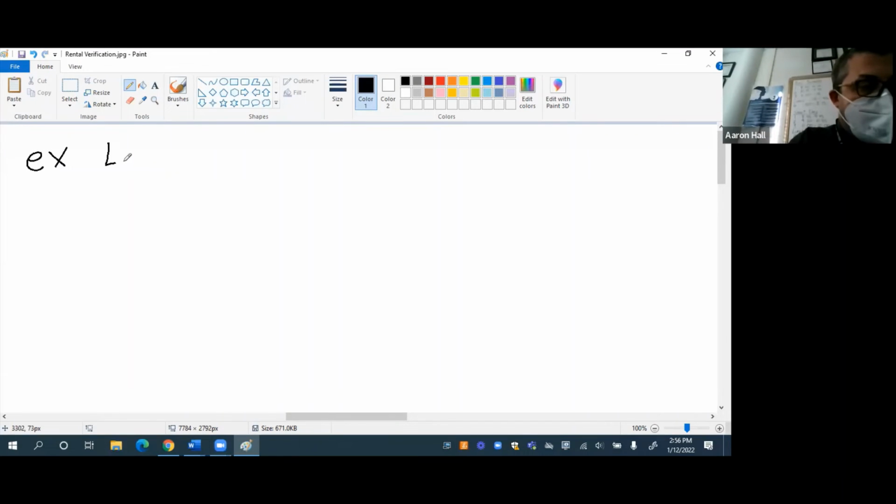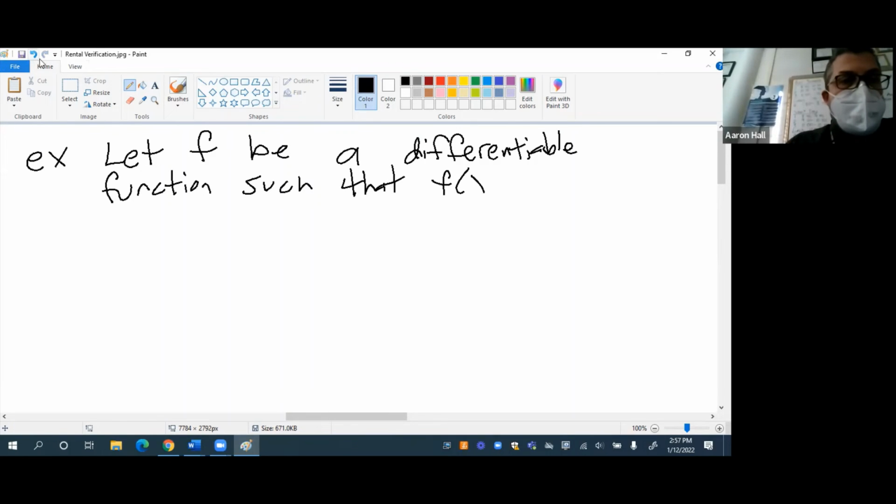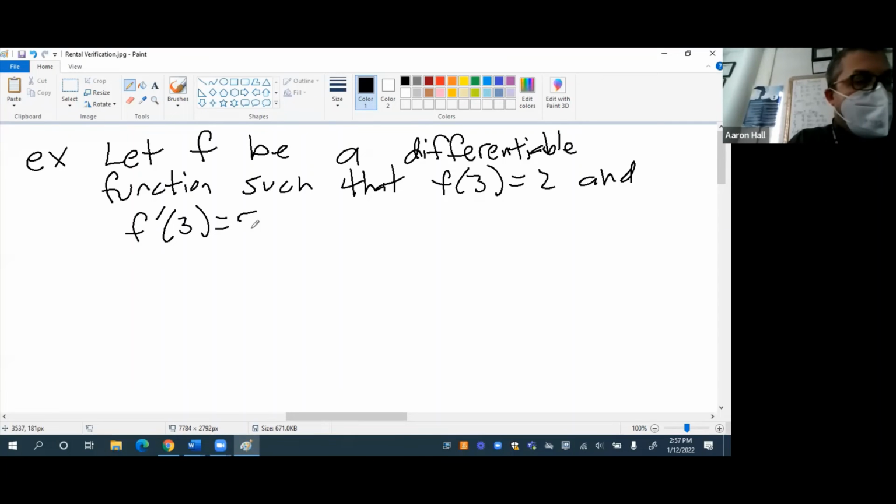Let f be a differentiable function such that f of 3 equals 2 and f prime of 3 equals 5.